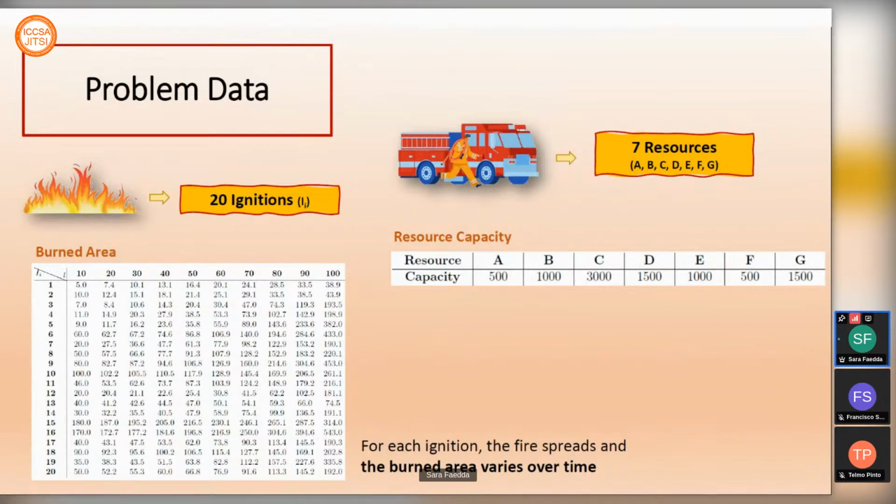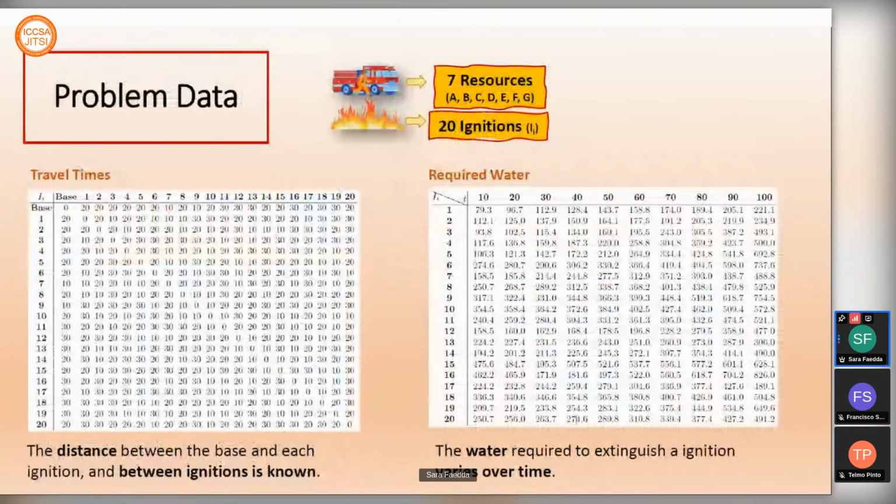We defined the capacity based on the information about the water tank of firefighters. For each ignition and for each instant of time, we have the burned area, which varies over time. We also have the travel times between ignitions and base, and for each ignition, we also have the water required to extinguish it, which varies over time also.